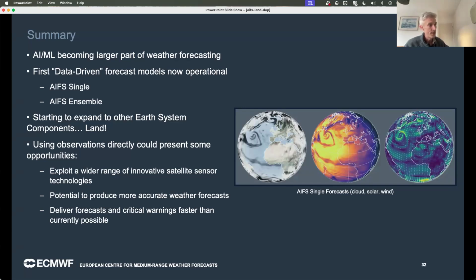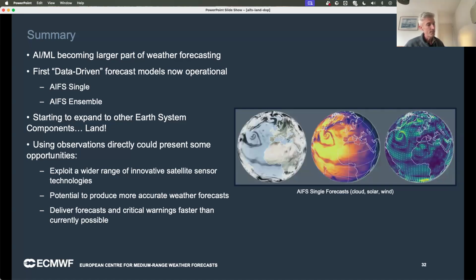We've got our first, like I say, operational, so run with certain conditions attached to it, in the AIFS single and the AIFS ensemble models. And we're starting to expand to other Earth system components now. So we included these land components, but Nina and others at ECMWF are working to expand this even further as well. So we're constantly pushing both in the ocean and the land to add more variables to these models as well.